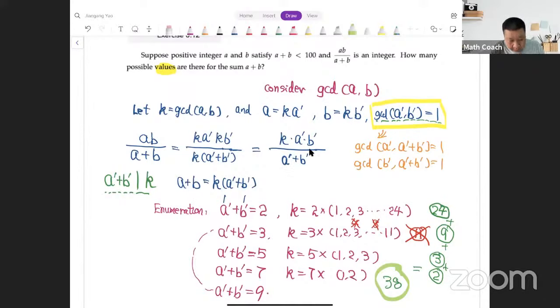Okay, problem 10. In problem 10, the first correct answer came from 69.